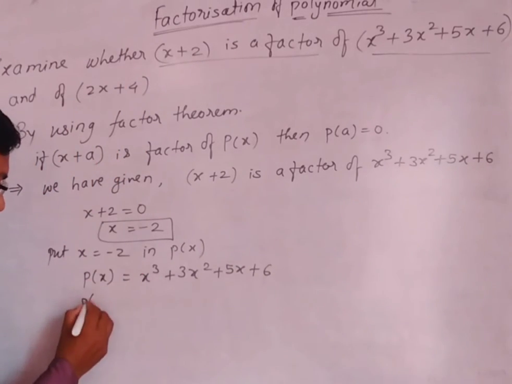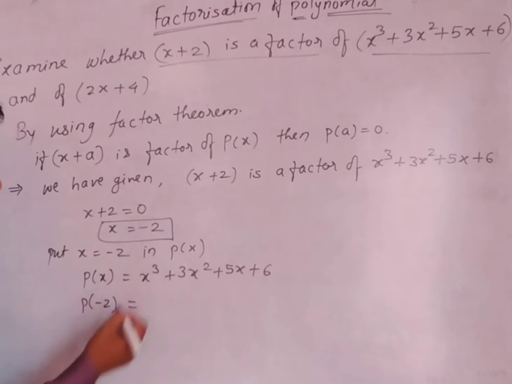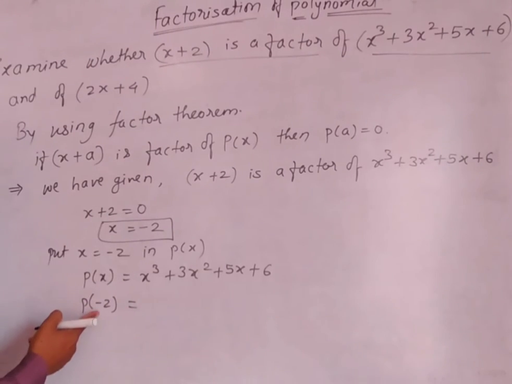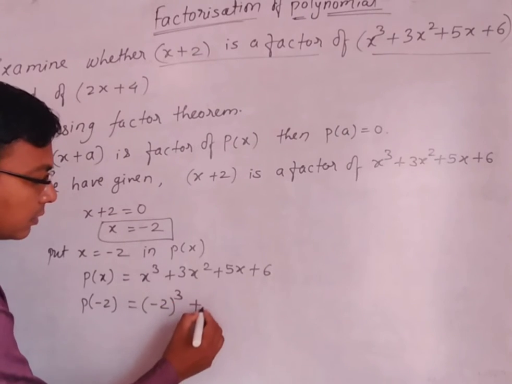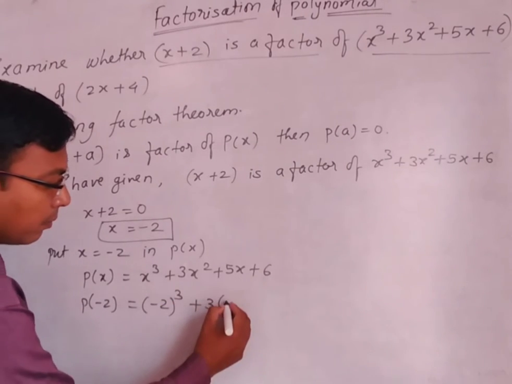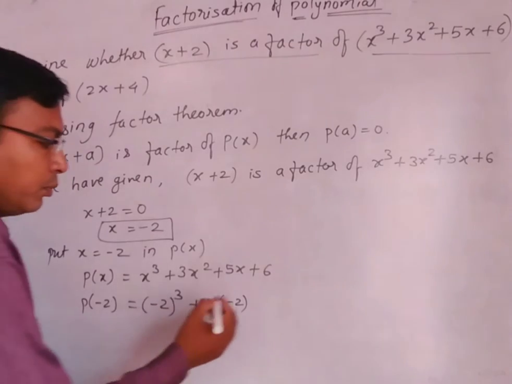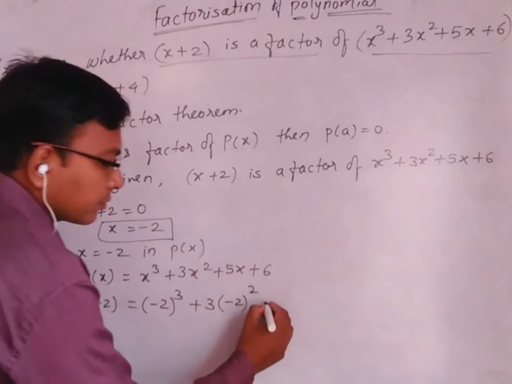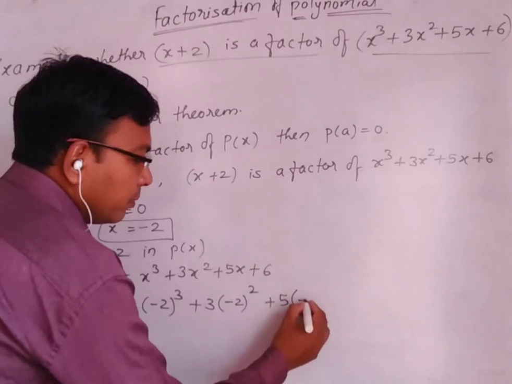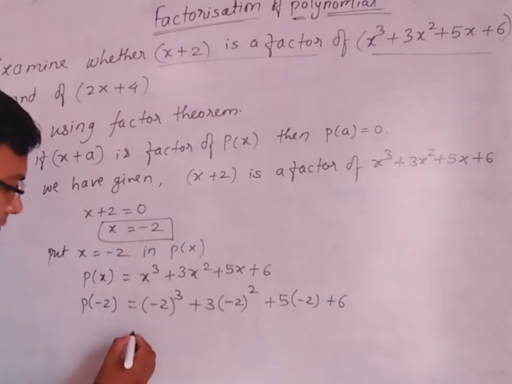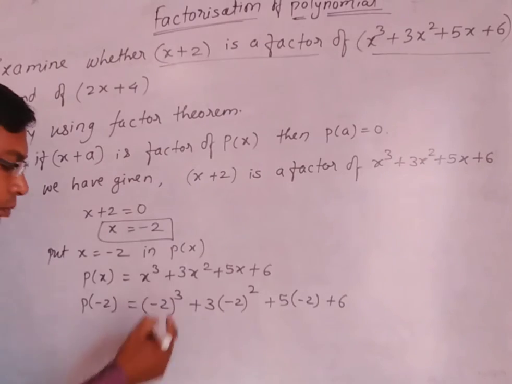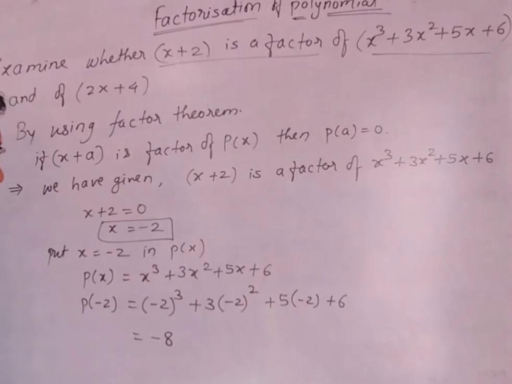What will we put here? Minus 2. So p of minus 2 equals minus 2 cube plus 3 into minus 2 square plus 5 into minus 2 plus 6. Here minus 2 cube is minus 8.